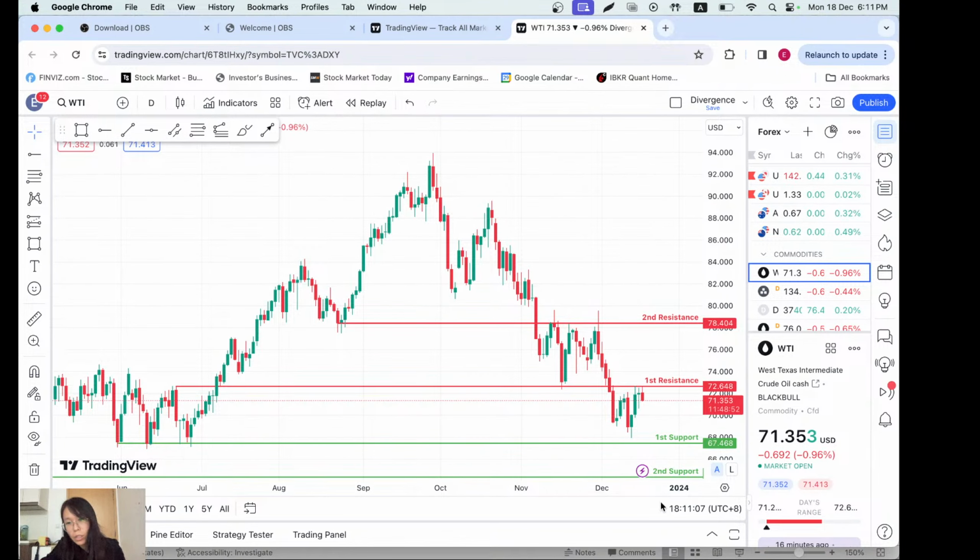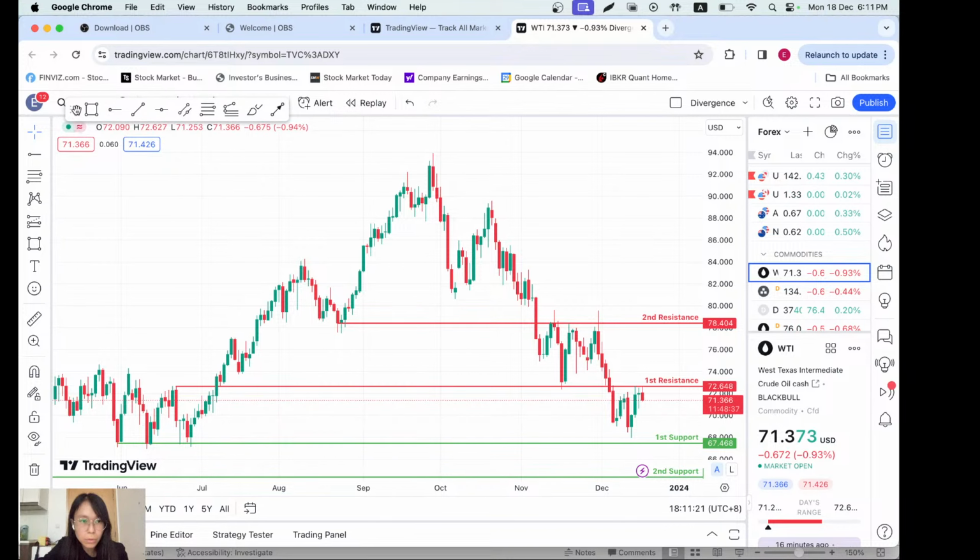Looking at the chart now, it's not ideal to draw the Fibonacci retracement. Let's look at the momentum.